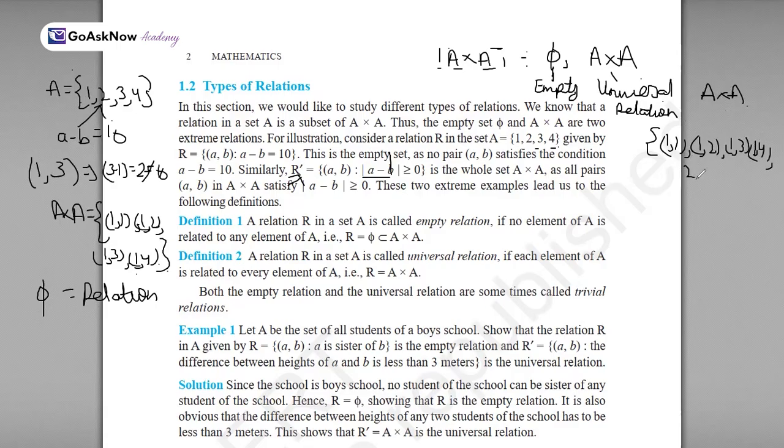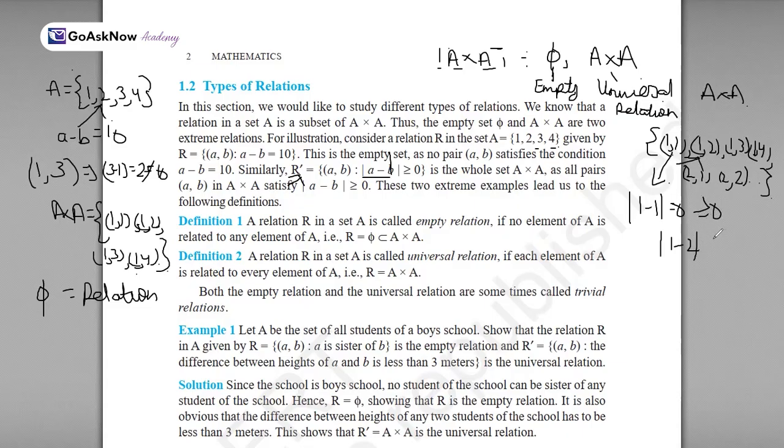You have 2, 1 and 2, 2. So you have ordered pairs of elements, and if I take any ordered pair, 1, 1, then mod of 1 minus 1, which is equal to 0, is greater than or equal to 0. Yes, it is satisfied because 0 is equal to 0. So this will contain the first ordered pair. And similarly, it will contain the next ordered pair also, because the mod will always give you a positive output.